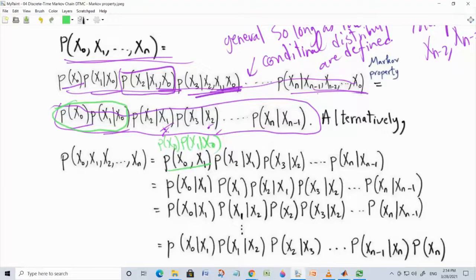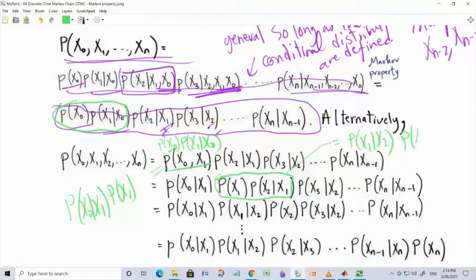I can take p of x0 and x1, and rather than p of x0, p of x1 given x0, I can write this as p of x0 given x1, p of x1. And then you can take this p of x1 and take it with p of x2 given x1, and rewrite this as p of x1 given x2 multiplied by p of x2.